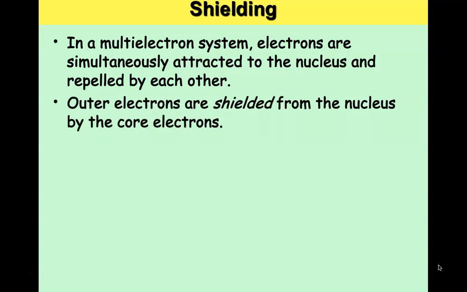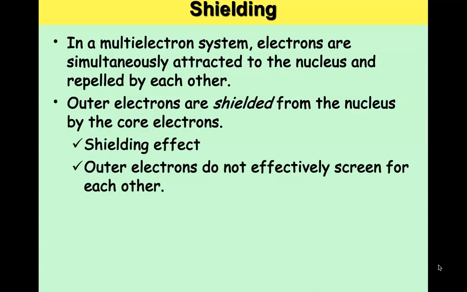So basically, the outer electrons, valence, are shielded from the nucleus by the core electrons. Now, this is not completely shielded, or that would suggest they go flying off the atom, which we know doesn't happen. It's just a diminished effect. So we have the shielding effect, and outer electrons do not effectively screen each other.